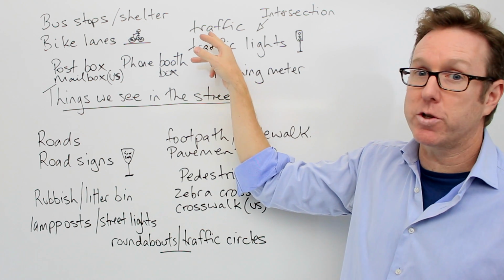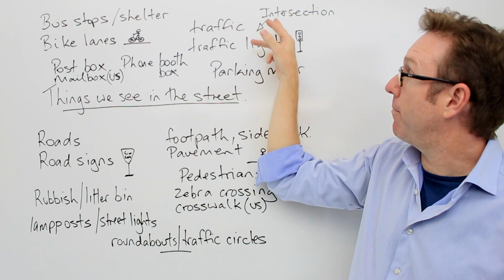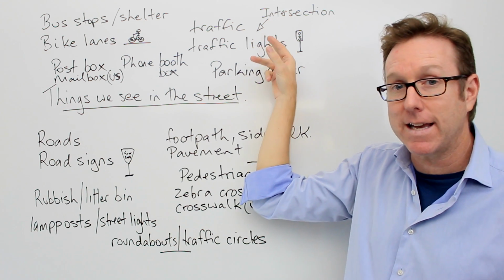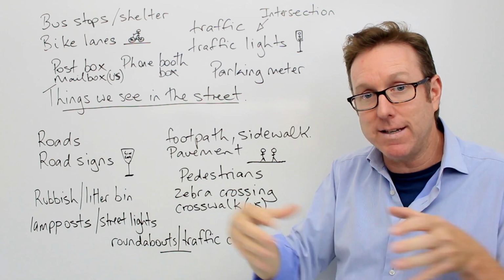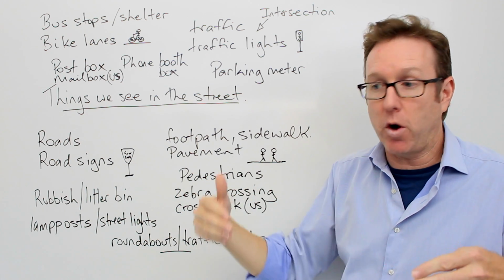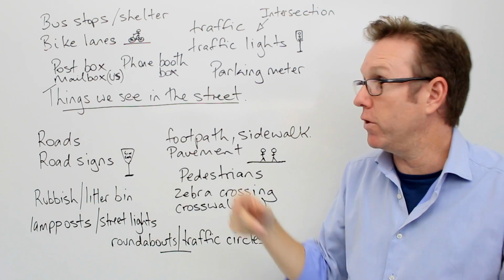Now, also in the street, we're going to see traffic. We're going to see traffic mainly at intersections. So intersections are where the traffic meets in different directions. So we've got cars that are going this way, cars that are going the other way and crossing over as well.